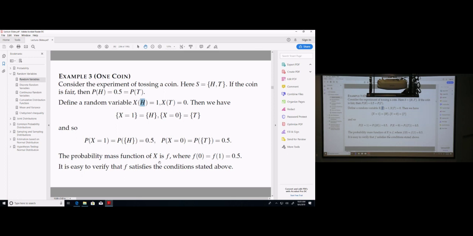So the probability mass function of X is f. Because we assume X is understood here, we do not have a subscript. So f of 0 and f of 1 both equal 0.5. f of 1 means the probability X equals 1, and that will be translated back to flipping a coin, where I have a head.